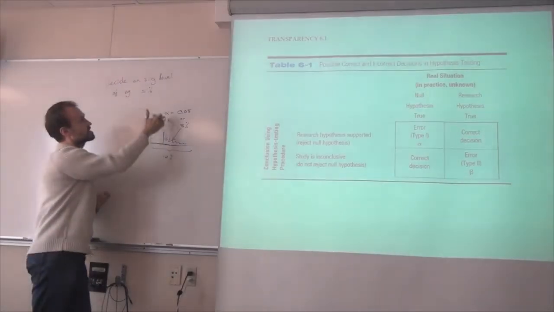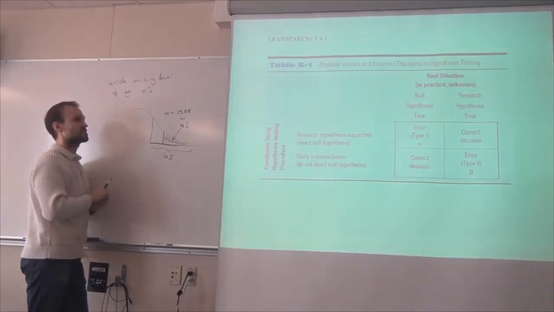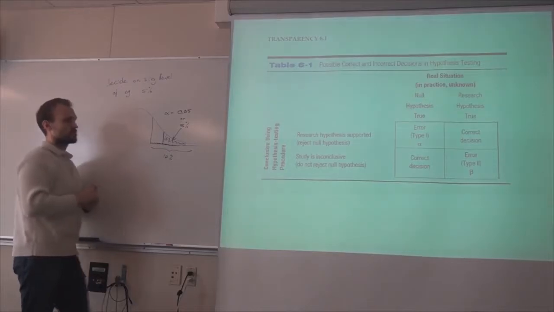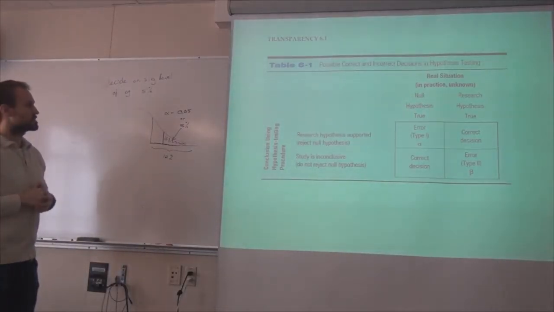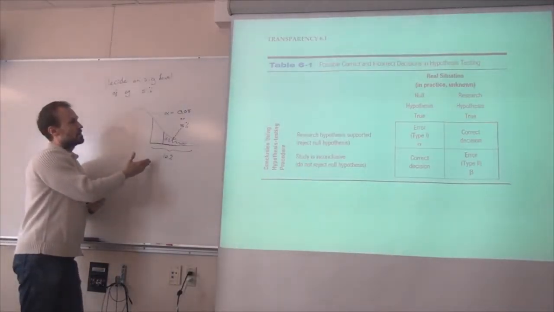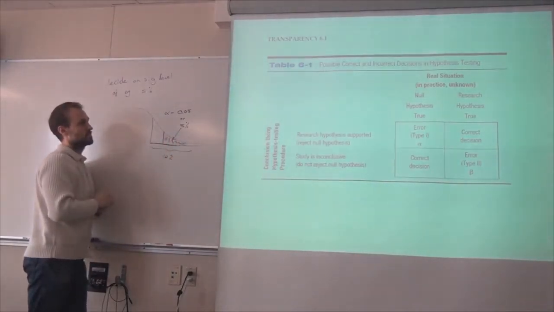If I lower this significance level, making it more extreme, I don't want to just find any score. I want an extreme score to reject my null hypothesis. Well, then I'm going to not reject the null hypothesis far more often if my alpha is sitting more and more extreme.